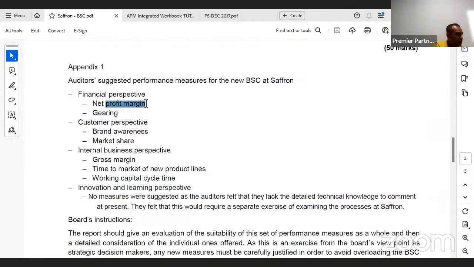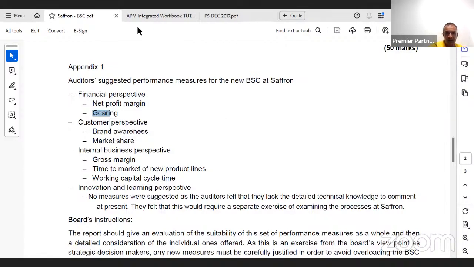So another one. See, that's the thing. Suitability means whether it is suitable or not. They are not asking you for another measure, unless of course it's really matching like EVA. So if you have to bring something totally from outside, that has to be really justified. Understand?